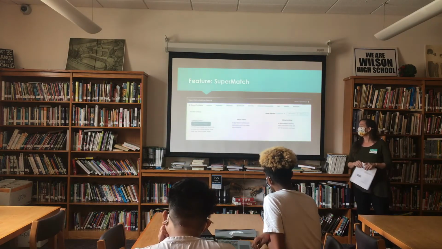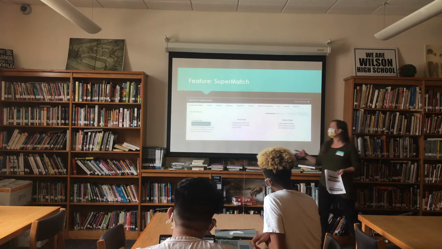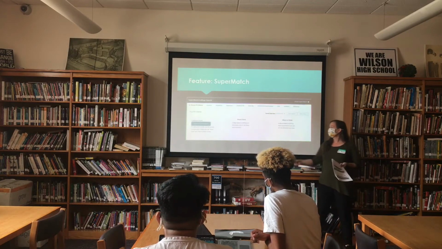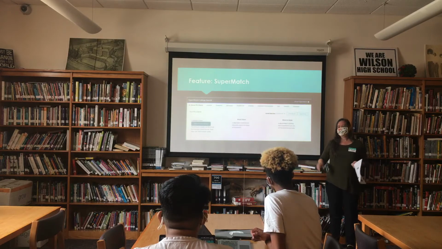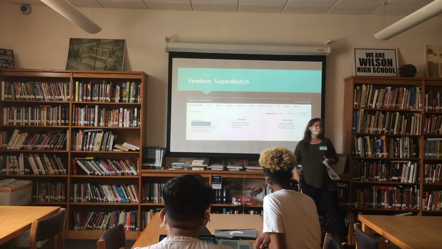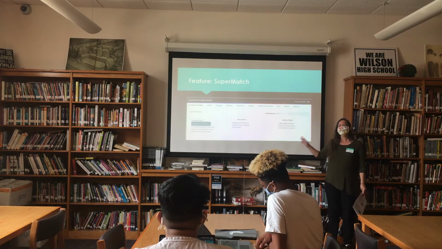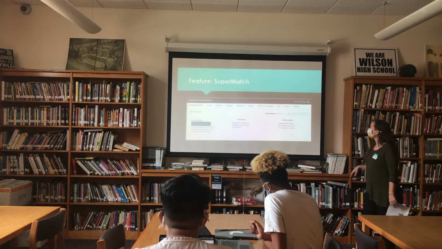Okay, so when you get into SuperMatch, this is where you start. And you'll see that they allow you to move things into different categories, like what you must have and what would be nice to have. So if Simon must have an environmental science program, but it would be nice to have club lacrosse, that could allow him to do searches in that way.